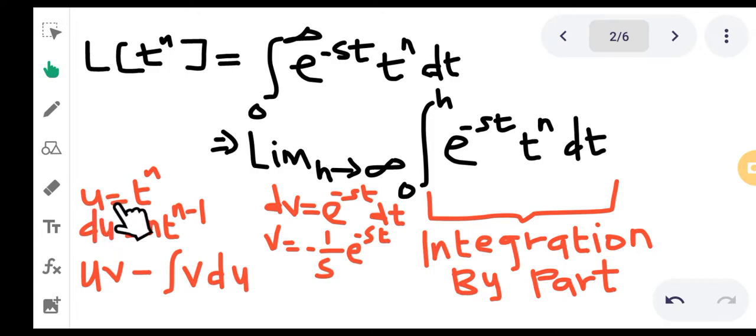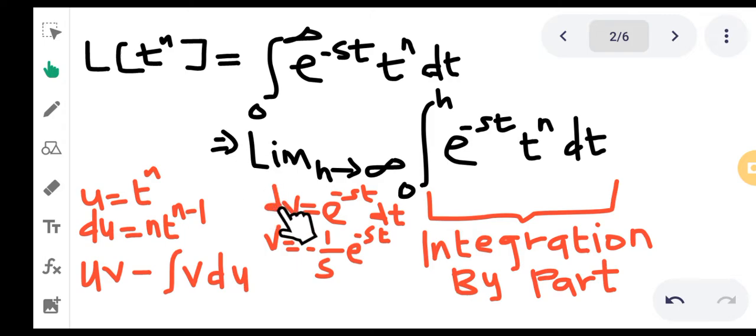When you differentiate u with respect to t, the n will come and multiply, then you subtract 1 from the exponent, so we are going to get n t exponent n minus 1. That's the general rule for a derivative.